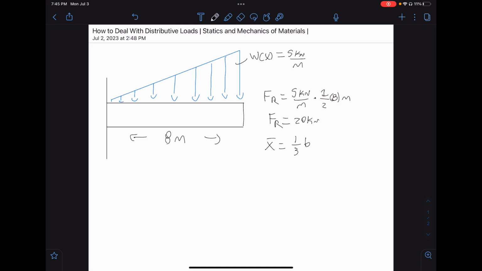So the base is 8 meters, so this would be 8 over 3 meters. And it would be somewhere over here. And that would be our force resultant. We would get rid of this distributive load and replace it with that. And that's basically how you deal with distributive loads for basic shapes like this.